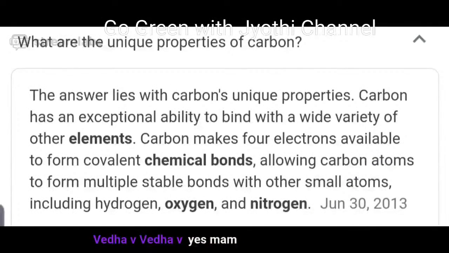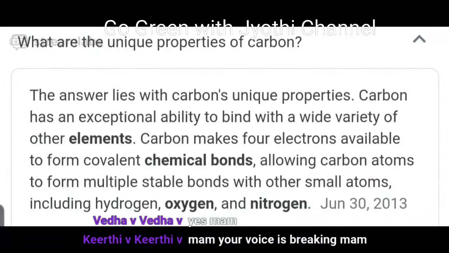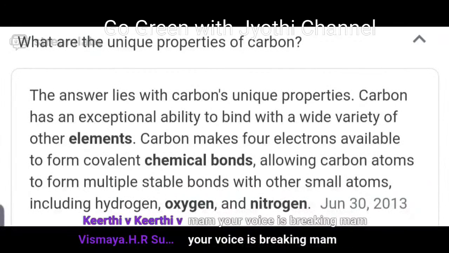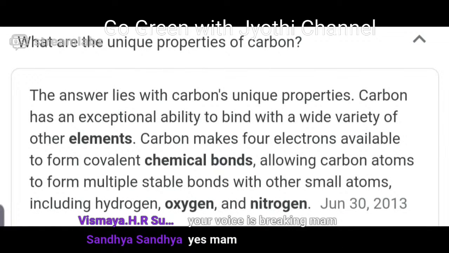The unique property of the carbon is that it has an exceptional ability to bind with other elements to form covalent bonds, and they are highly stable and cannot easily undergo changes.